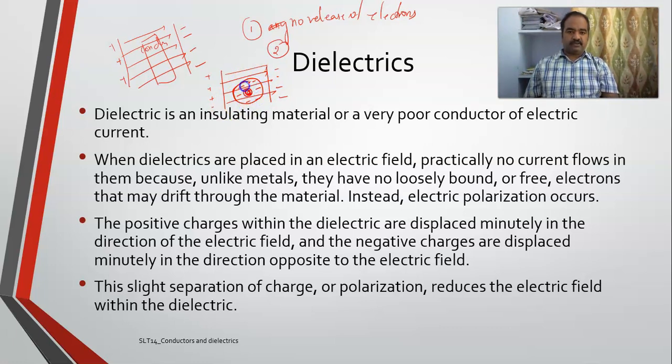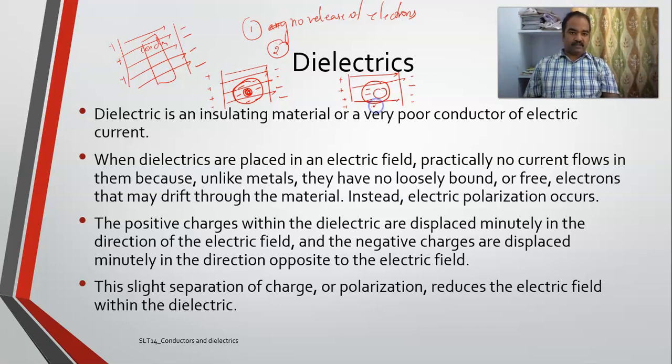When the field is applied like this, the electrons, the negative charges, are attracted a little toward the positive side, whereas the nucleus is shifted a little toward the negative side. Physically, the electrons are not coming out of the atom, but they are dislocated from their initial position.